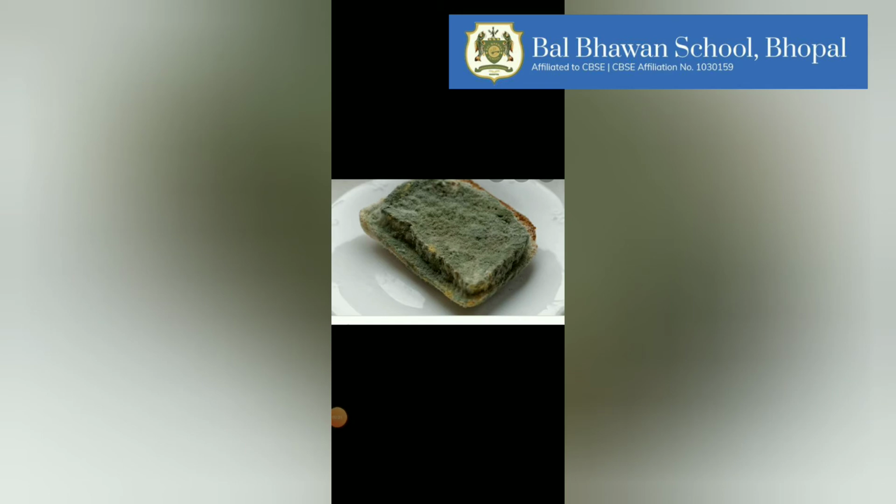Now let us see another microbe, children. In the picture, the bread shown is totally spoiled and rotten, and you can see bluish green color growth on this bread. We call it fafund in Hindi. This happened because of another microbe which we call fungus. The name of this fungus is bread mold because it grows on bread.